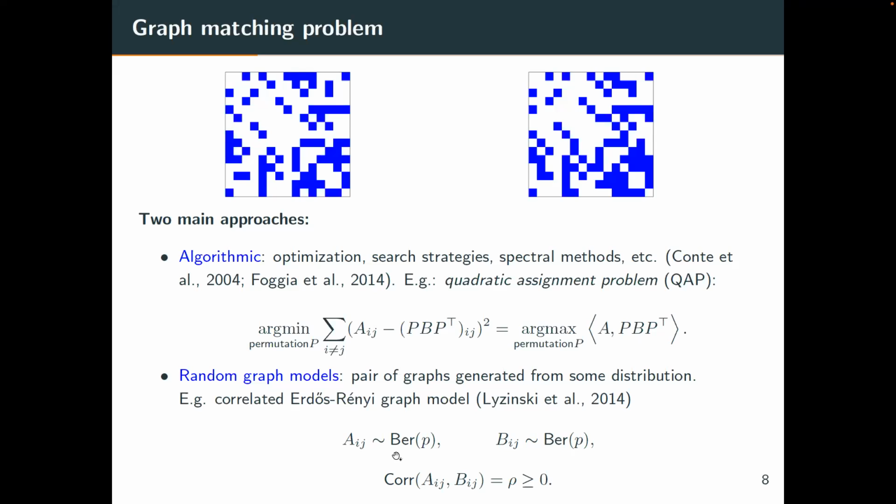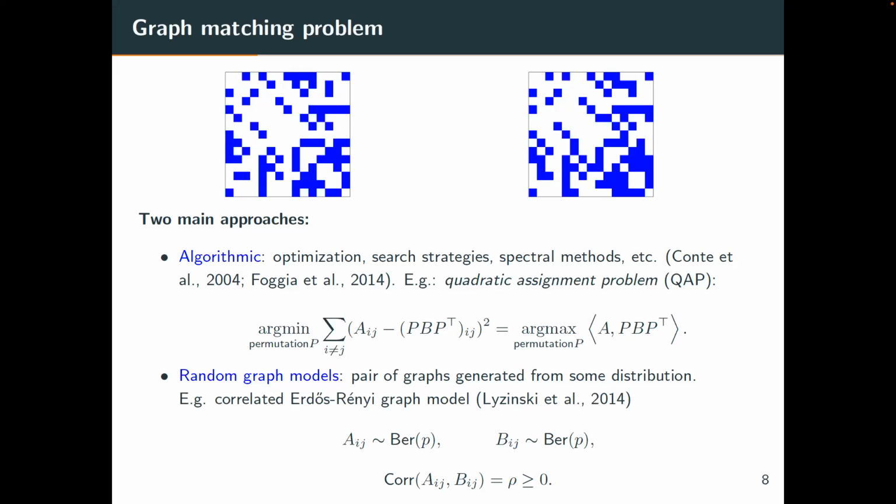Each pair of vertices is going to be connected with some probability p independently of the others. But we're going to assume that the edges are correlated with some parameter rho. In principle, if rho is equal to 0, then the two edges are independent and the two graphs may not look the same. On the other hand, if rho is equal to 1, then A_ij and B_ij are going to be exactly the same.